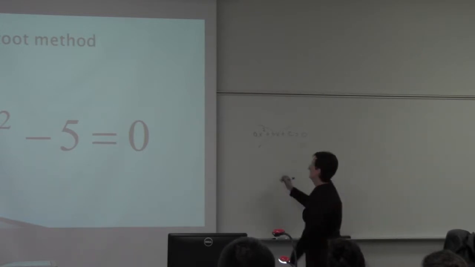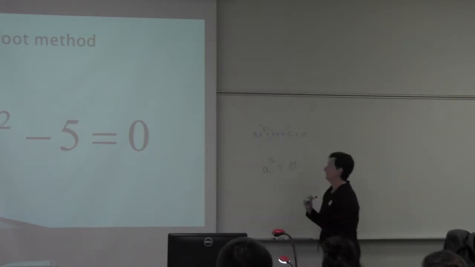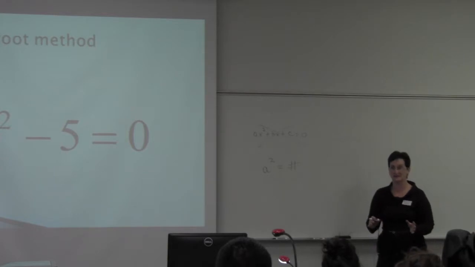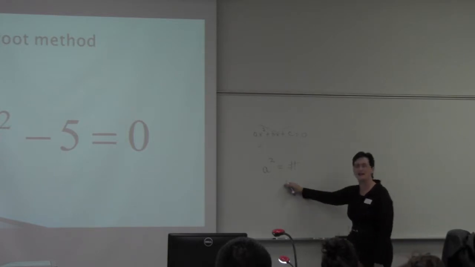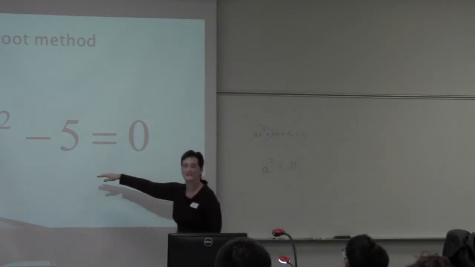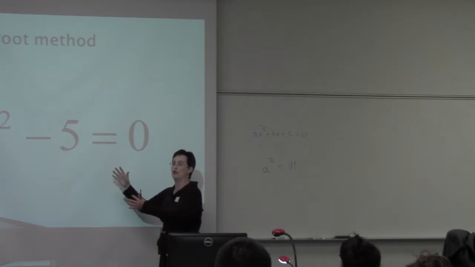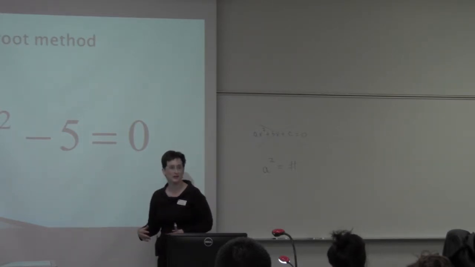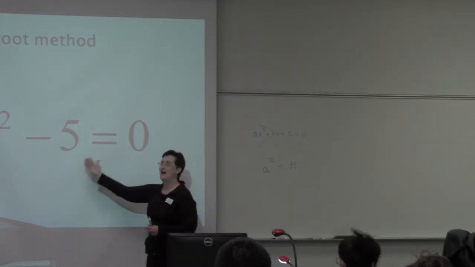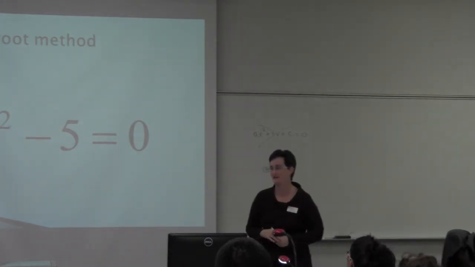What we want is the squared term to be on one side and the number on the other. Now, how the heck am I supposed to know this? Well, what's the difference here? How would you know I'm going to do the square root method? How does this one look different from the one we just did with factoring?